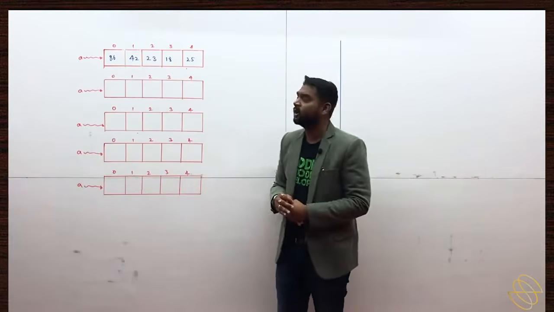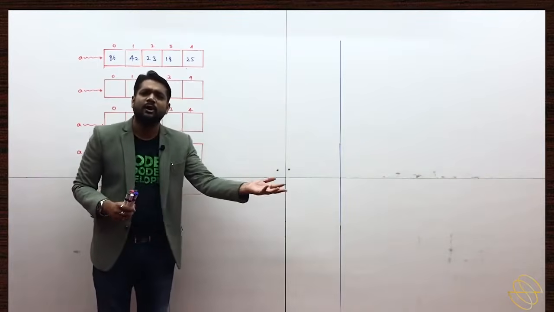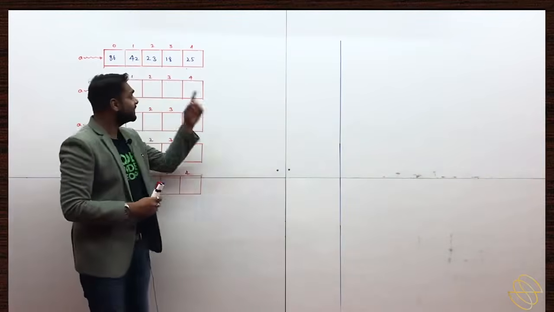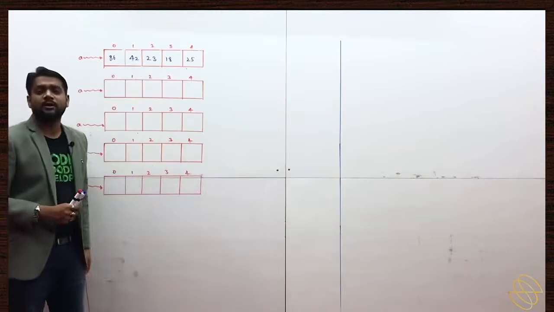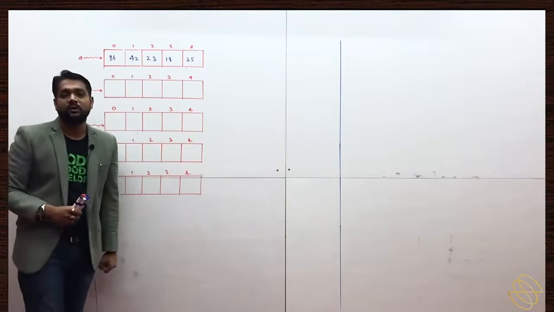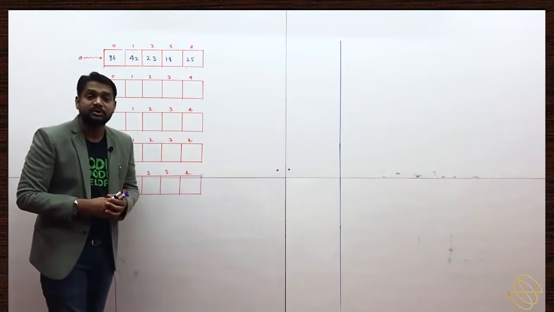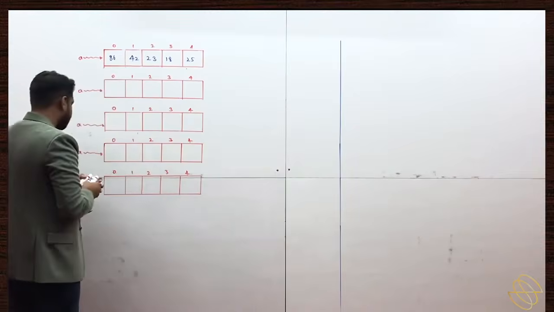Certainly not, they are not in the ascending order. Ascending order, sorted order, both are the same. You have to arrange them in the ascending order by using selection sort. If you ask me how, watch it.